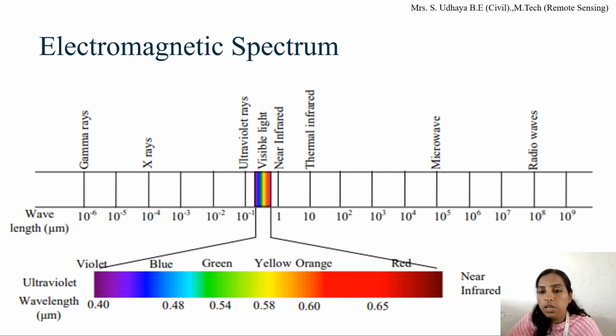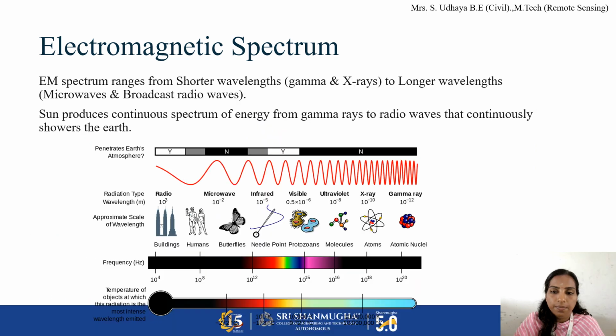So we get the most accurate remote sensing images. Radio waves are used for radio telecast or broadcasting. The electromagnetic spectrum ranges from shorter wavelengths, gamma rays and X-rays, to longer wavelengths, microwaves and broadcast radio waves. The sun produces a continuous spectrum of energy from gamma to radio waves that continuously showers the earth.